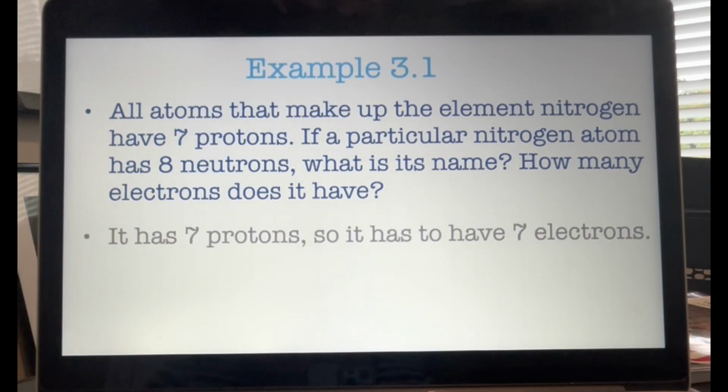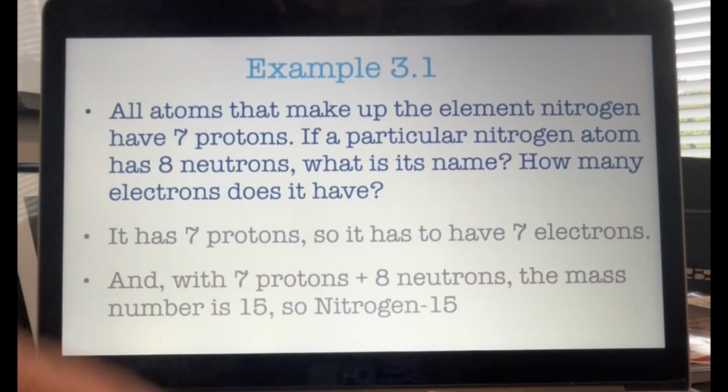If it has 7 protons, it will have 7 electrons. So at least we know 7 protons, and it has to have 7 electrons. But if it has 8 neutrons, what would its new name be? If you said nitrogen 15, you would be right. With 7 protons plus 8 neutrons, the mass number is 15. So we would call this nitrogen 15.